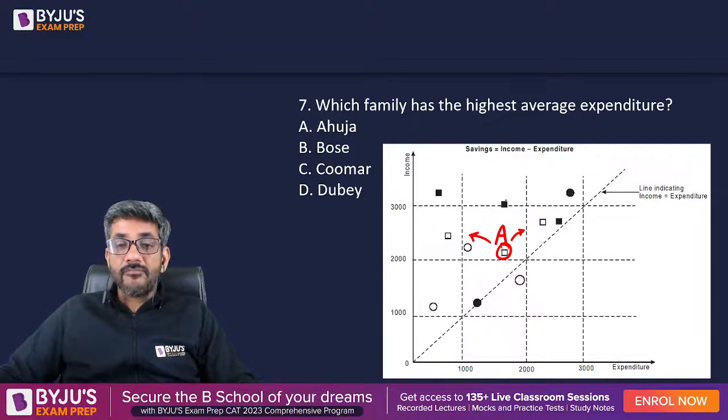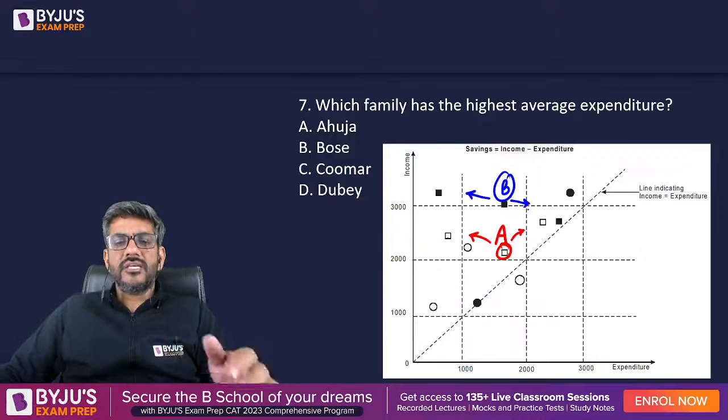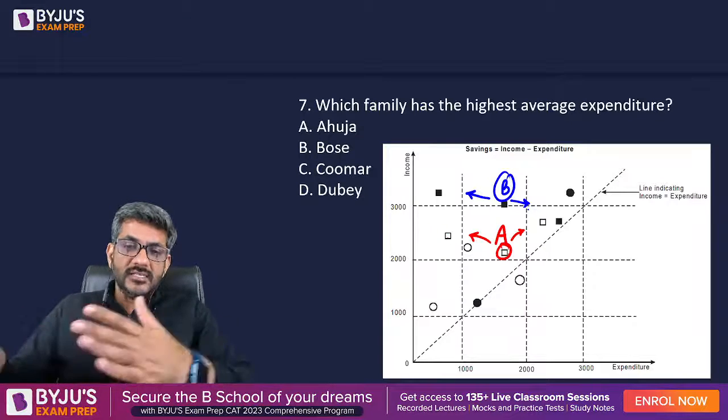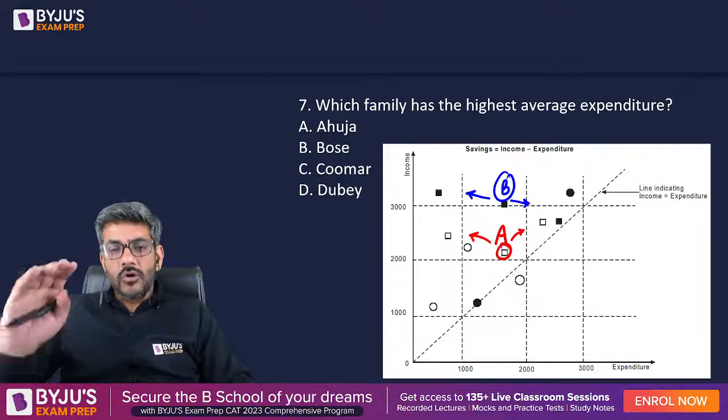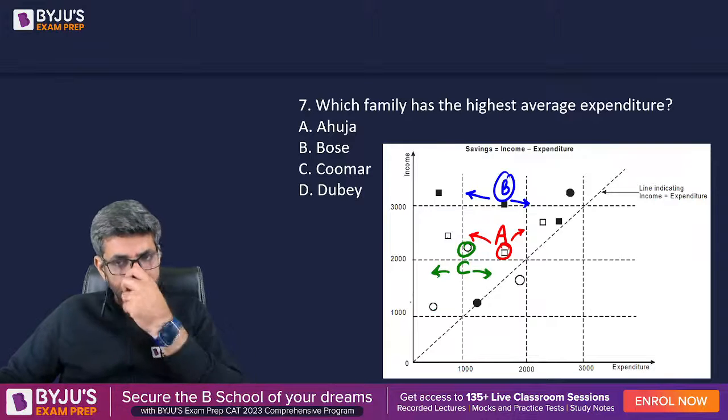Similarly, the average of Bose family would lie somewhere here. That's almost equivalent to that of Ahuja family. If you see, one member is slightly towards the right, one member is slightly towards the left. तो almost average बीच में कहीं लाई करेगा इसके लिए भी. When I talk about the Kumar family now, one guy is here, one guy is here, one guy is here.